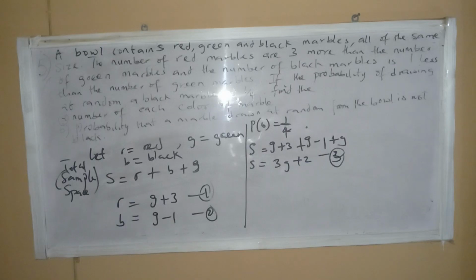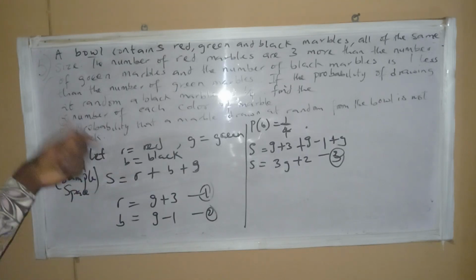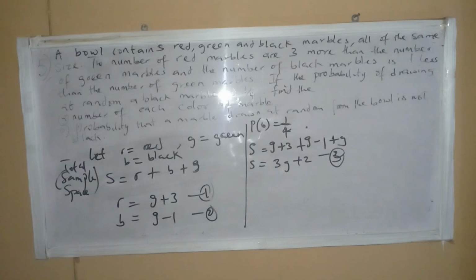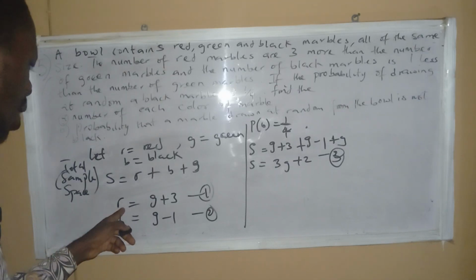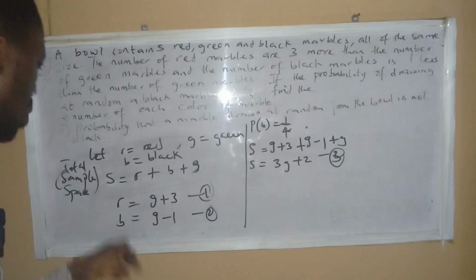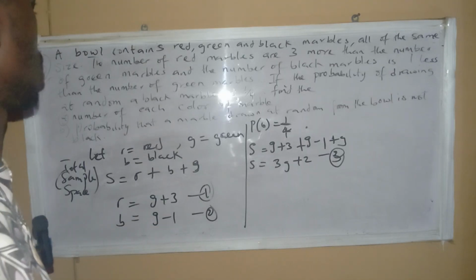Now, we are moving forward, and I know that I will be able to tackle this question successfully. What are we actually looking for? We are looking for the number of each of the colors. We know that our R is G plus 3, and our B is G minus 1.